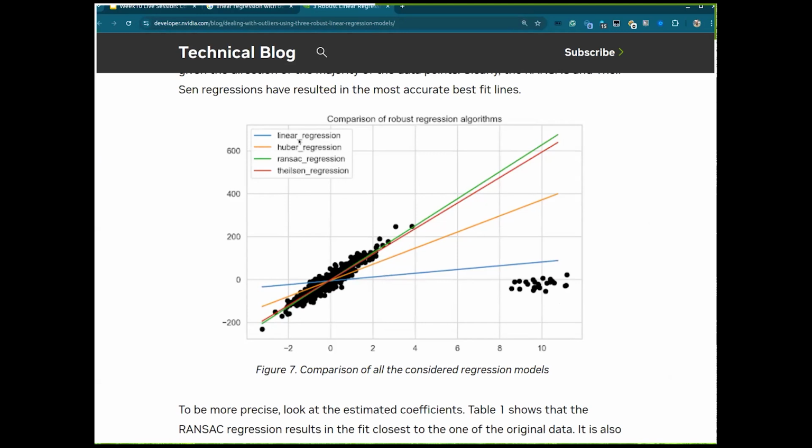Now we are using different methods to estimate the parameters of a linear model. This blue one is following a normal distribution. Then there's this Huber loss, which we will not discuss today. Basically, within a range it's Gaussian, and outside that range it's not Gaussian.